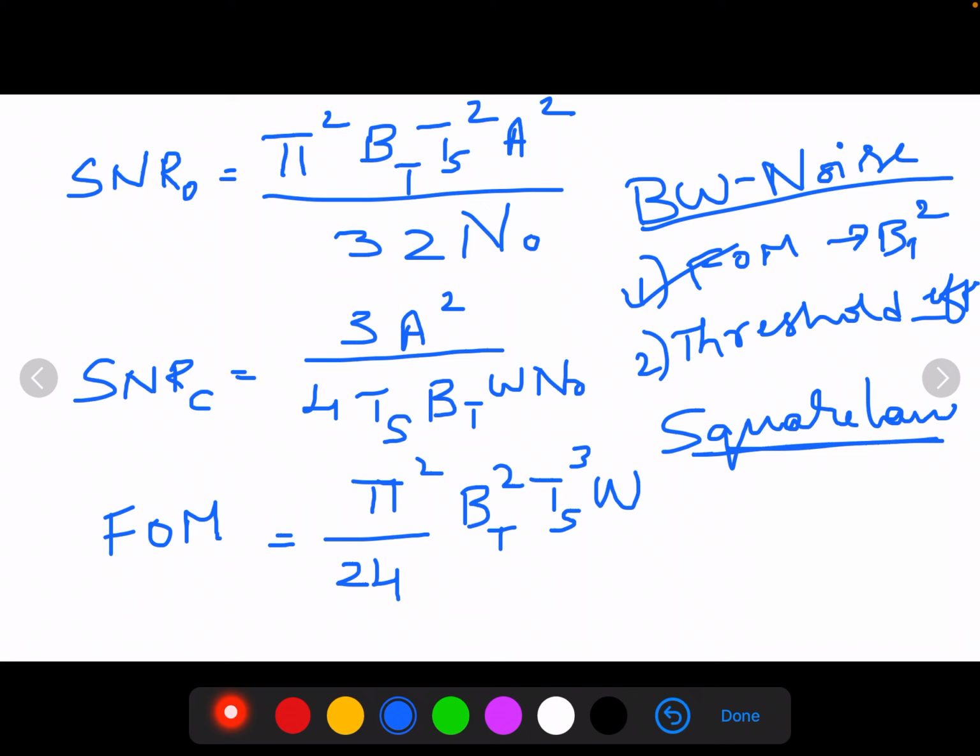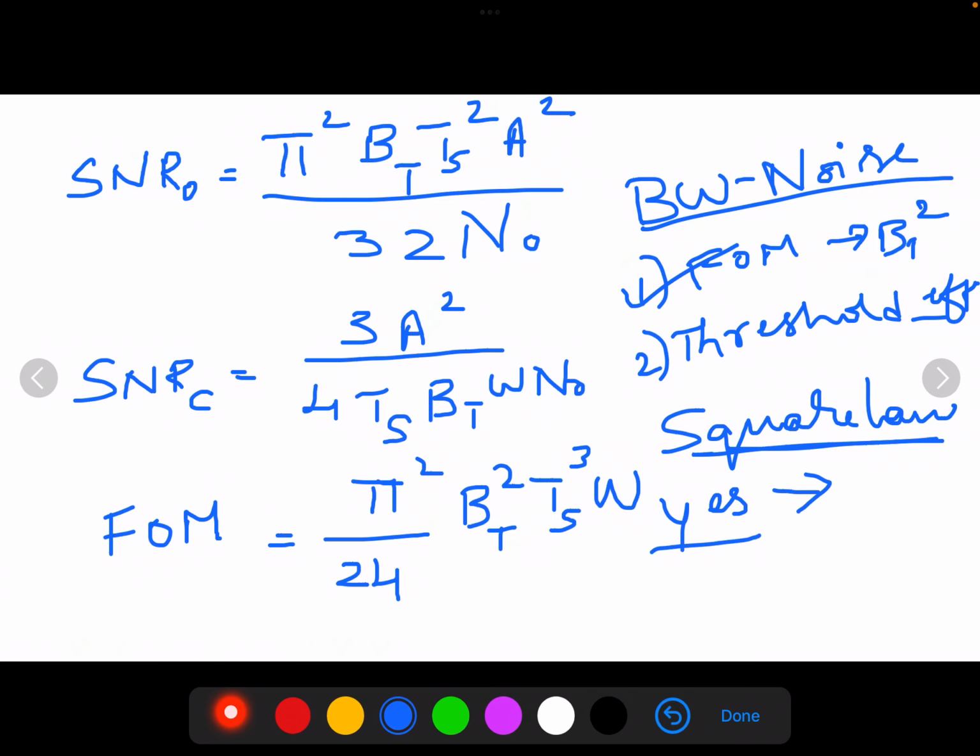So the question that comes to our mind is, can we produce a trade-off better than the square law? Yes, we can do it, and digital pulse modulation is the way to do it.